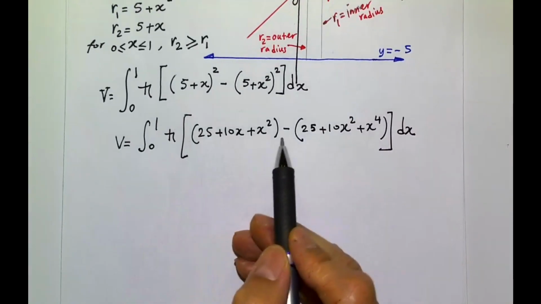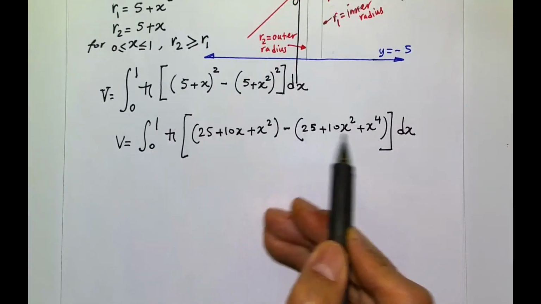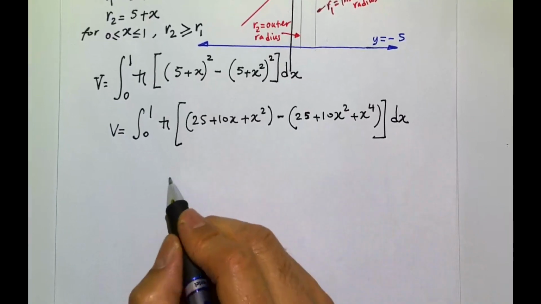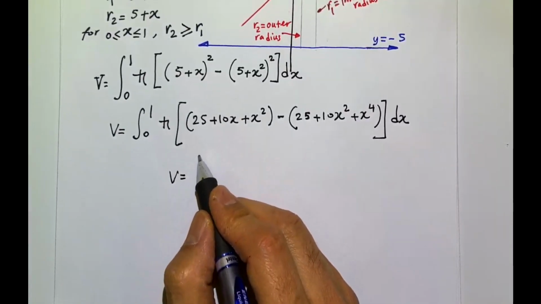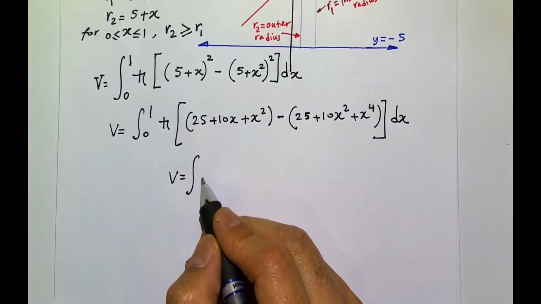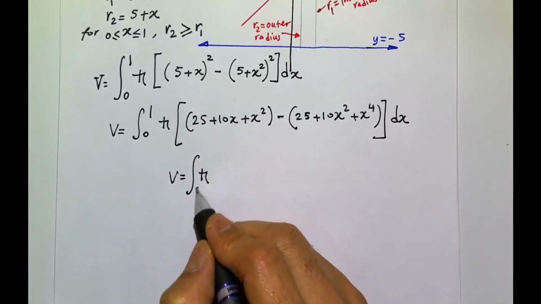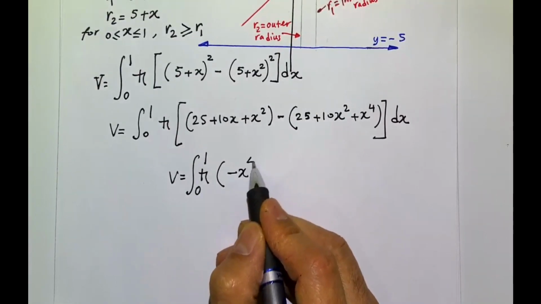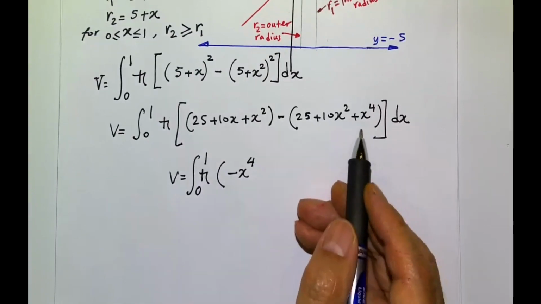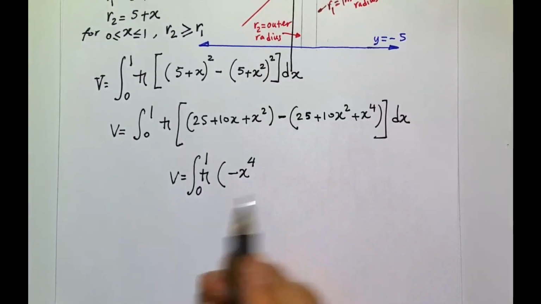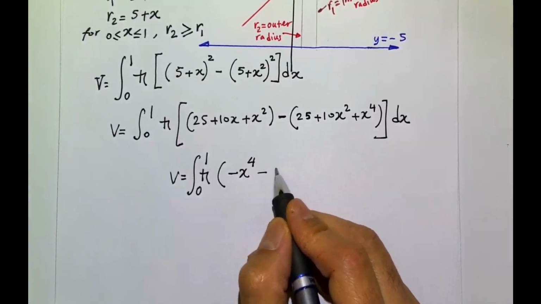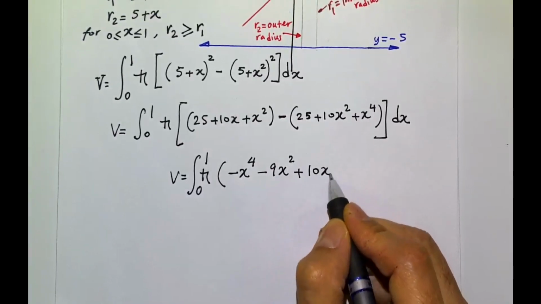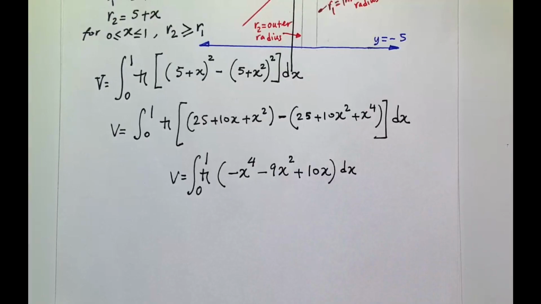And of course, after you distribute this minus into the parentheses and simplify and combine the like terms, you should end up with this integrand. So we have pi, integral from 0 to 1, times, I'll just write the final simplified form, minus x to the fourth, minus 9x squared plus 10x dx.